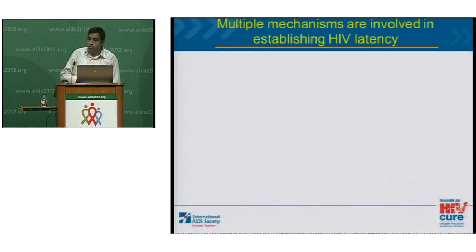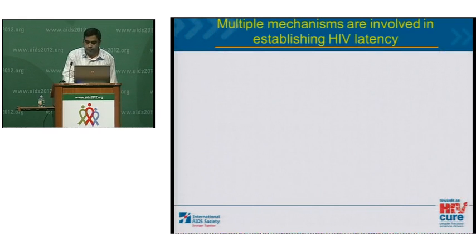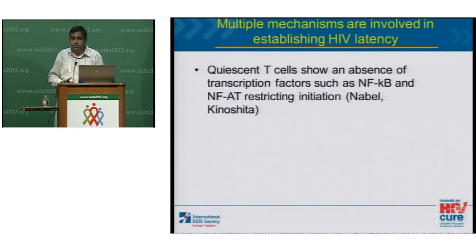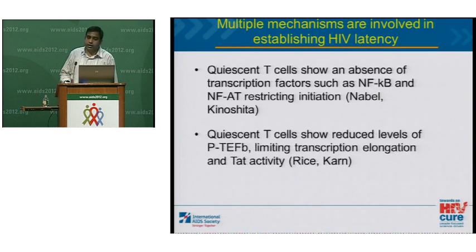The two most prominent mechanisms which play a major role in HIV latency are, as has been known for quite a long time, that quiescent T cells lack some important transcription factors such as NF-kappa B and NFAT, which play an important role in HIV transcription initiation. And we, and Andy Rice, have demonstrated that quiescent T cells also have a reduced level of P-TEFb, and P-TEFb is essential for HIV transcription elongation.